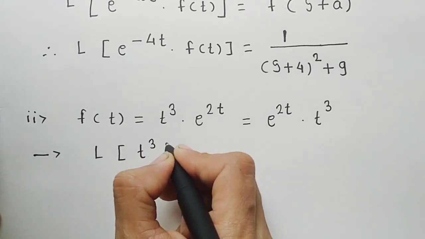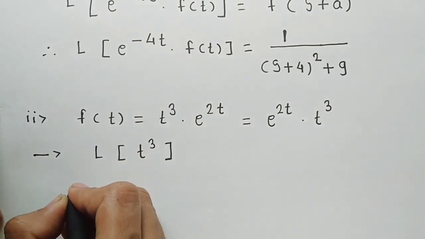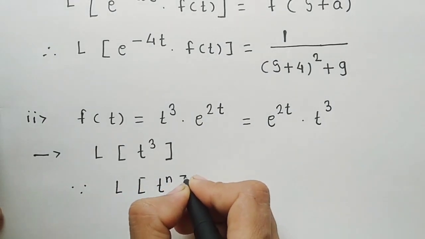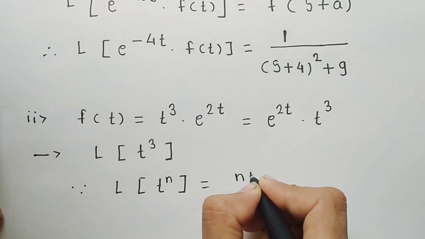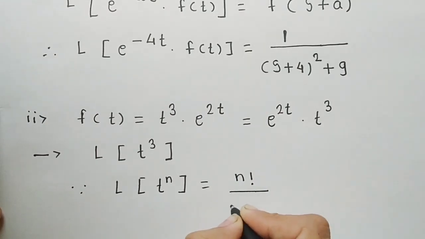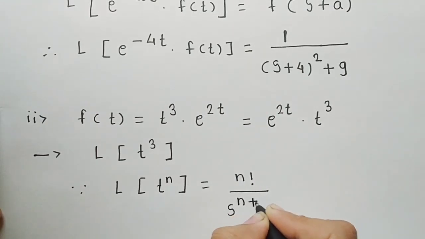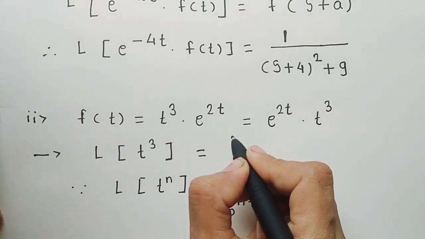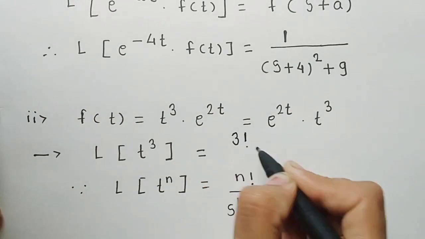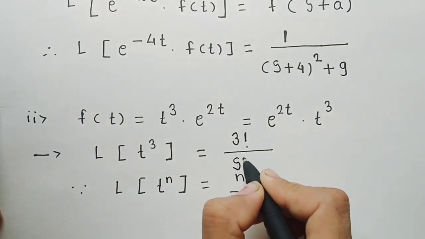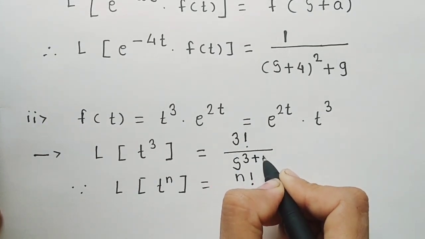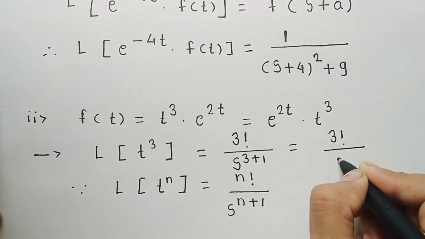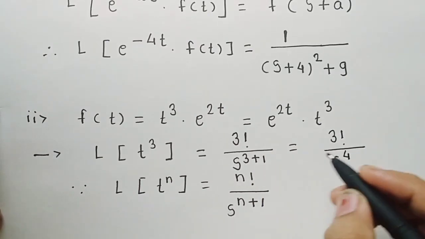According to the formula, Laplace of t raised to n is n factorial upon s raised to n plus 1. So Laplace of t cube is equal to 3 factorial upon s raised to 3 plus 1, which equals 3 factorial upon s raised to 4.